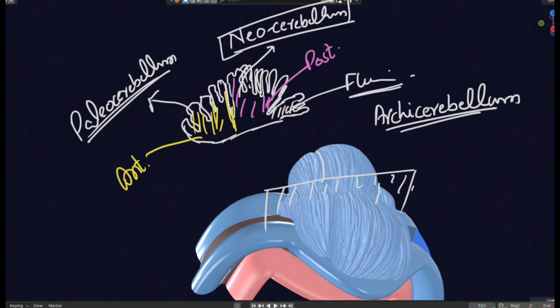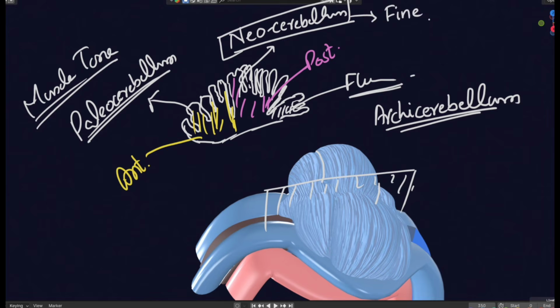Flocculonodular lobe is related with balance and basic posture. The paleocerebellum is related with muscle tone, right? And this neocerebellum is related with fine movement and very fine coordination.